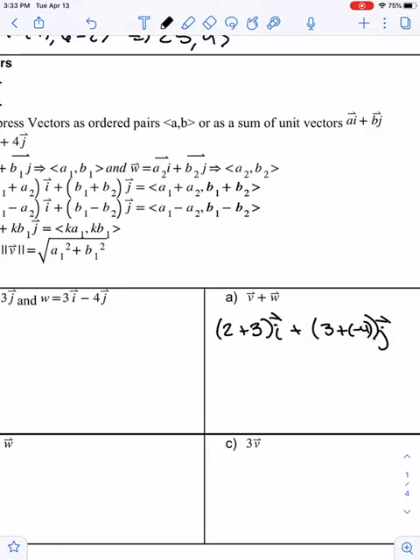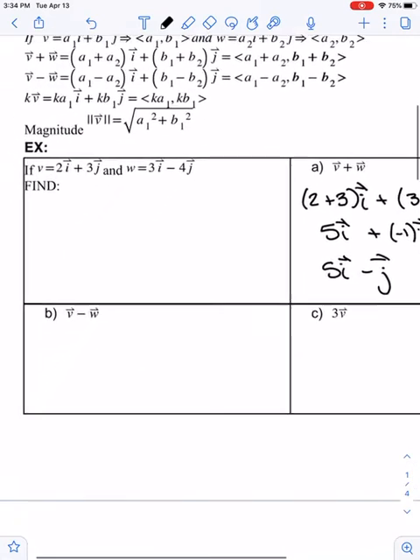And then when we add those, 2 plus 3 is 5, so 5i plus 3 plus -4 is -1j. Or we can write it as 5i minus j.